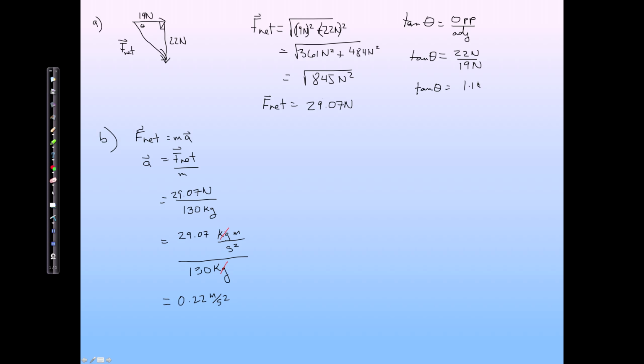Now this decimal goes on for a really long time. In fact, this actually goes 1.1579 on and on and on.